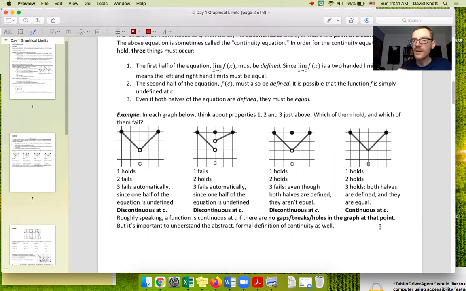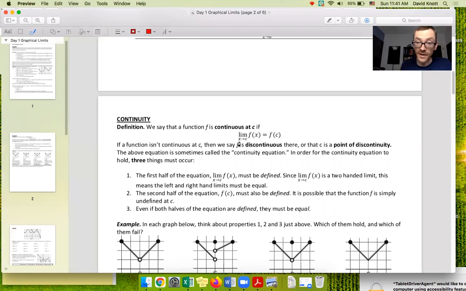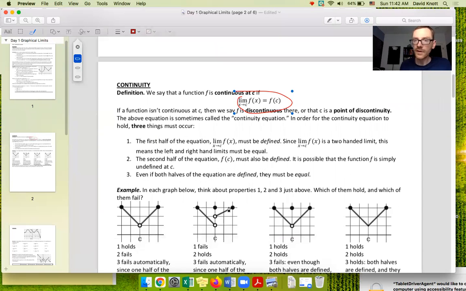That's all that it means. But the technical mathematical definition is this abstract definition right here. And you really need to be able to see how, when this equation is false, there's some kind of a gap in the graph. And when this equation is true, that means that there isn't a gap in the graph, okay?